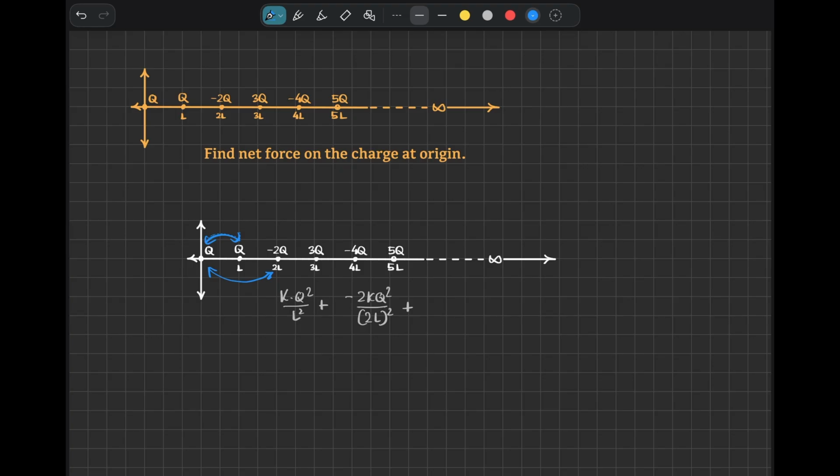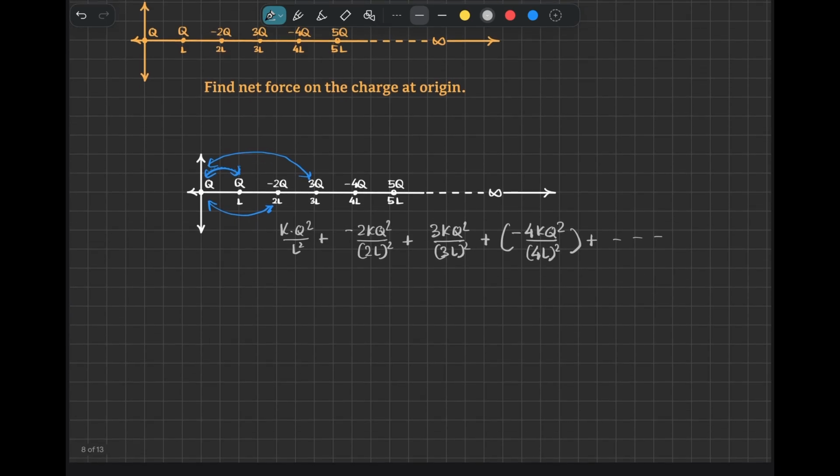Now we'll see the arrangement between first and third. First and third gives 3 times kq square by 3l whole square. The next one will be negative, 4kq square by 4l whole square. And the series continues like this.